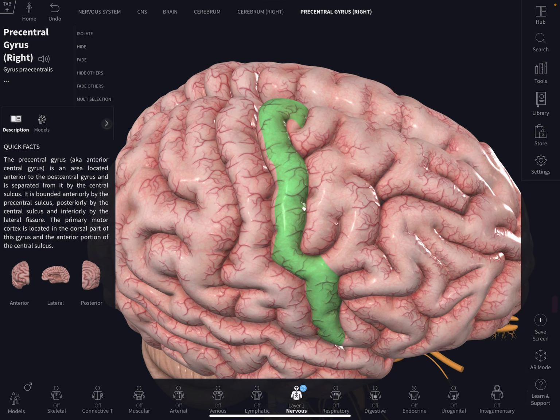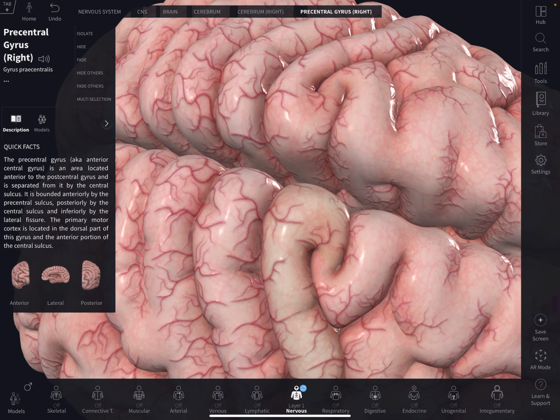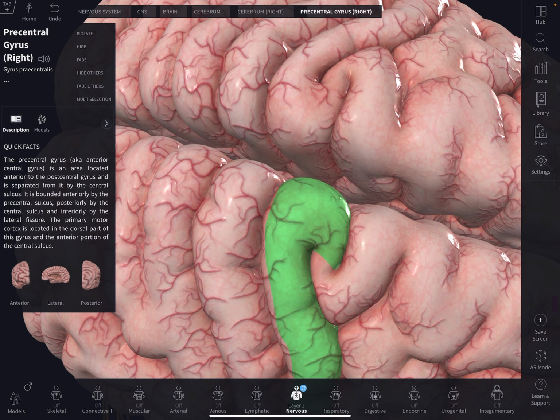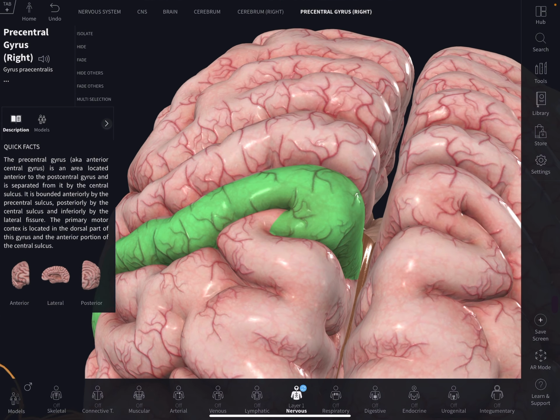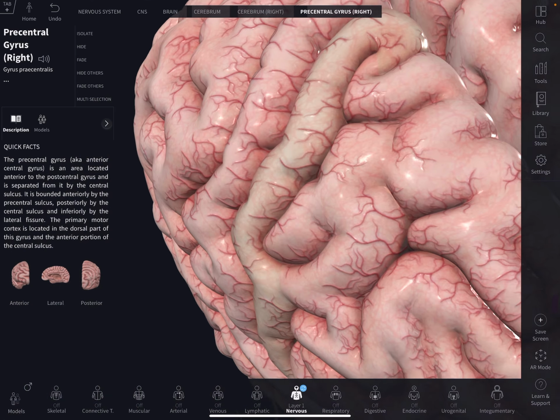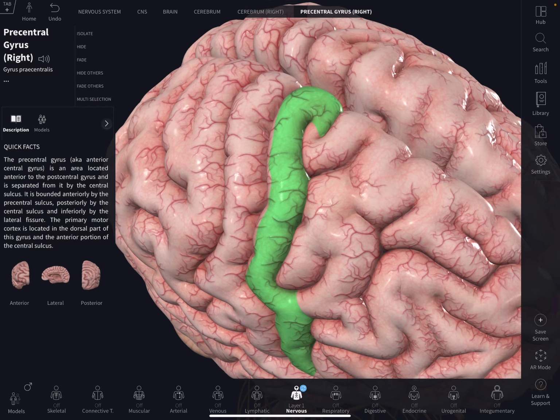What I mean is the area up here, right before it enters that little sulcus, is responsible for part of the body. Down into that deep groove right there, that area is responsible for your feet and your legs. It's almost as if your body has been mapped out, and each region along this strip is responsible for sequential parts of the body.